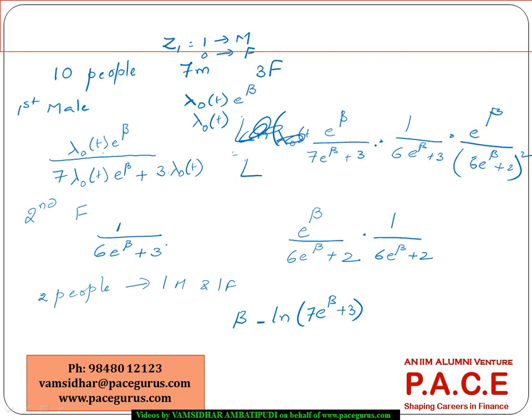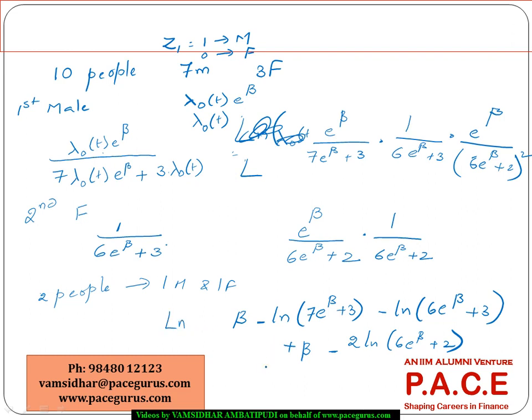Here when I take the logarithm, log 1 is 0, so I will get minus log 6 e power beta plus 3. Then again I will get another plus beta minus log of the square, that is 2 into log 6 e power beta plus 2. Let's say this is what we are trying to get as the log likelihood function.